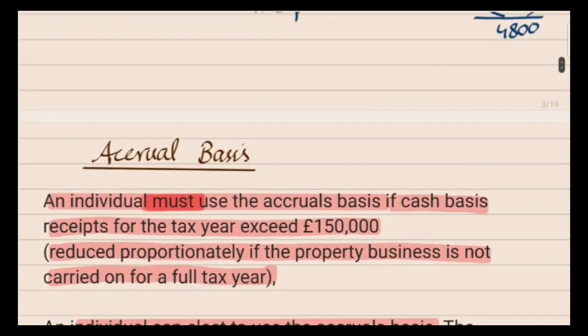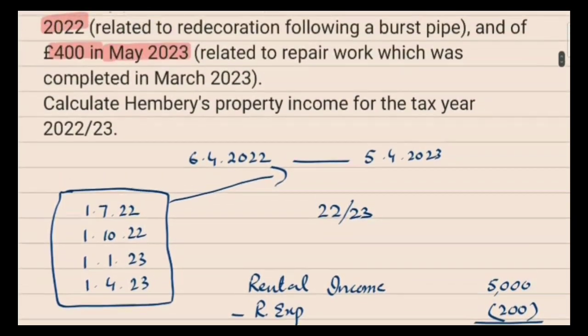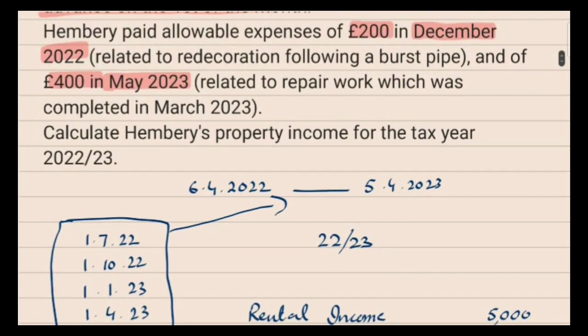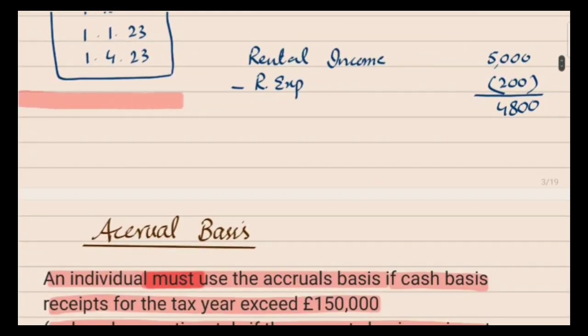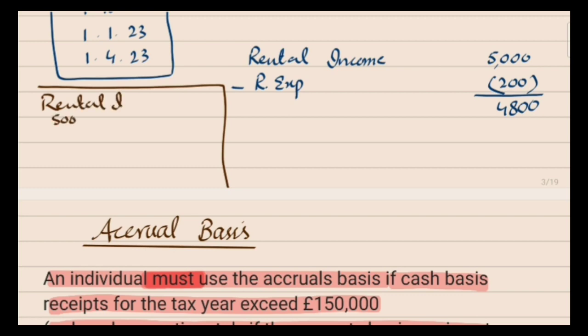Now, if we consider the same question with reference to accrual basis, it means that we have to record that rental income for 9 months, and it will be 5,000 multiplied by 9 divided by 12, 3,750.